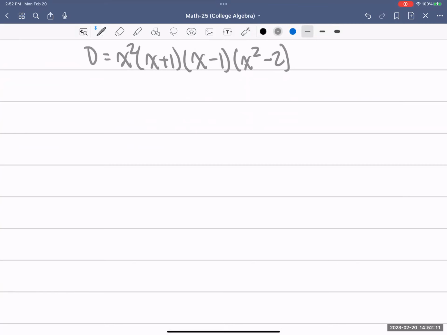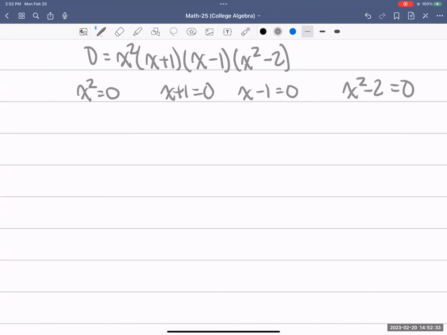So this whole part over here on the right side is equal to 0 when x squared is equal to 0, also when x plus 1 is equal to 0, also when x minus 1 is equal to 0, and also when x squared minus 2 is equal to 0.